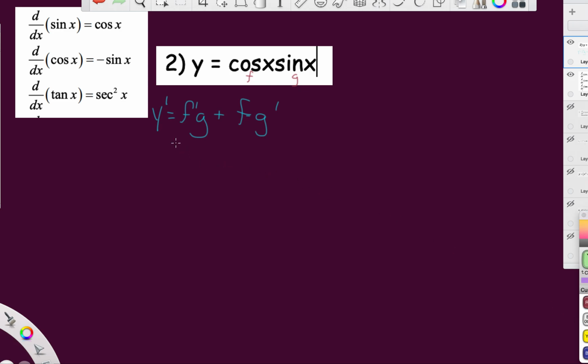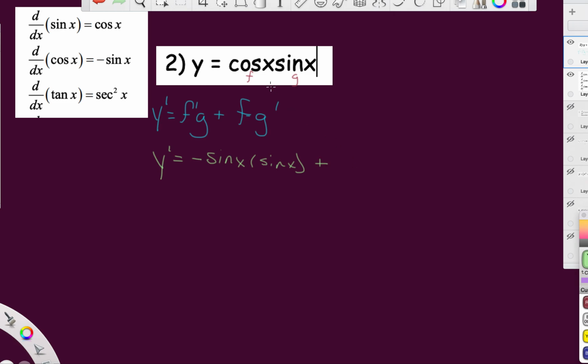Okay. So y prime is equal to f prime. So what's the derivative of cosine? The derivative of cosine is negative sine x times g, which is sine x. All right.